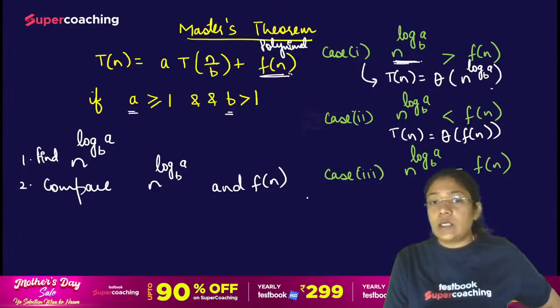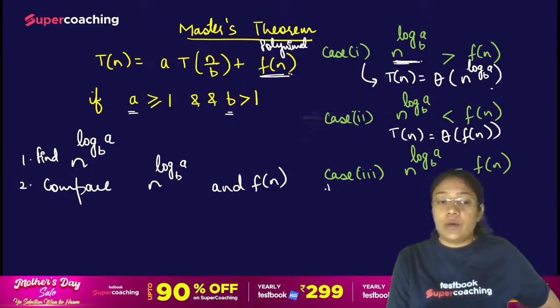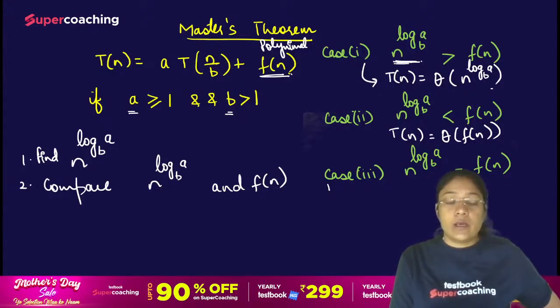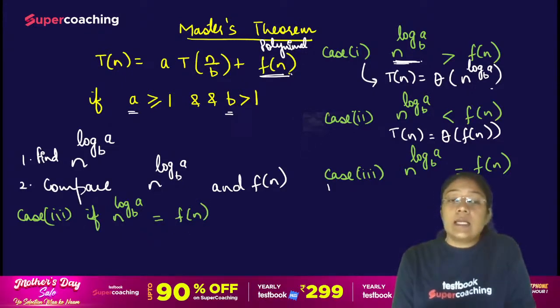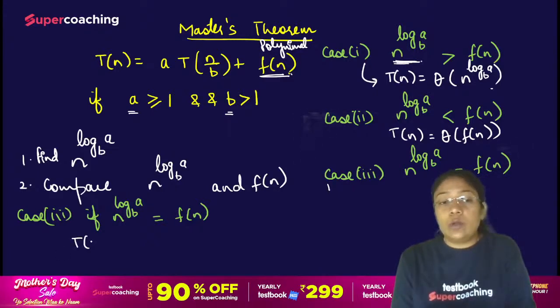Let me write the solution for the third case here. Case 3. If n raised to power log a with the base b is equal to what we are getting for f of n, then in that case we can write this time complexity as, both are equal, तो आप कुछ भी लिख लो.